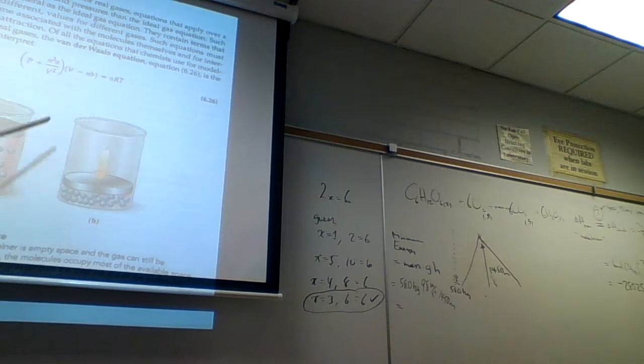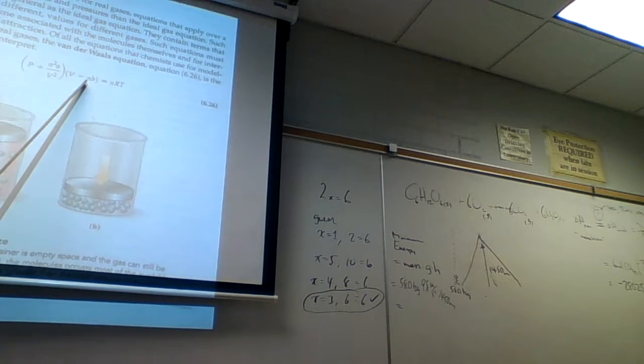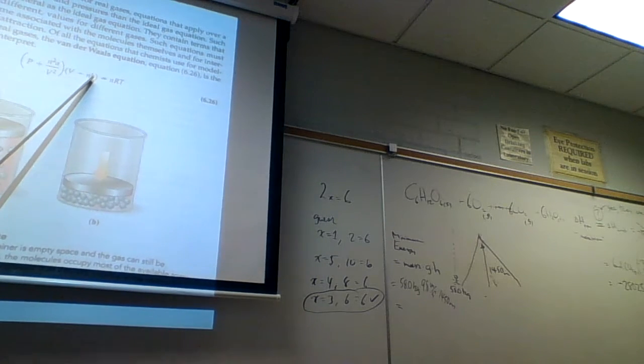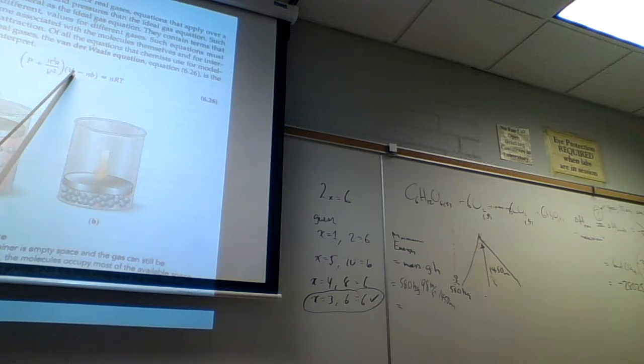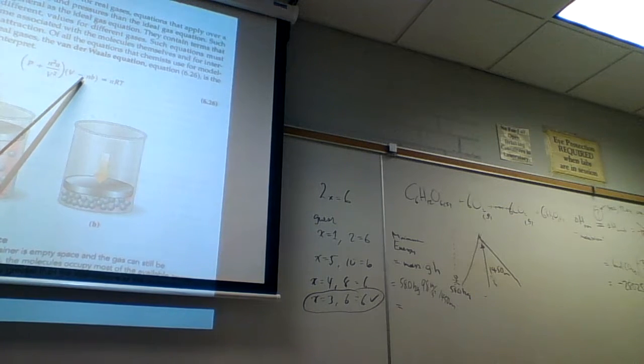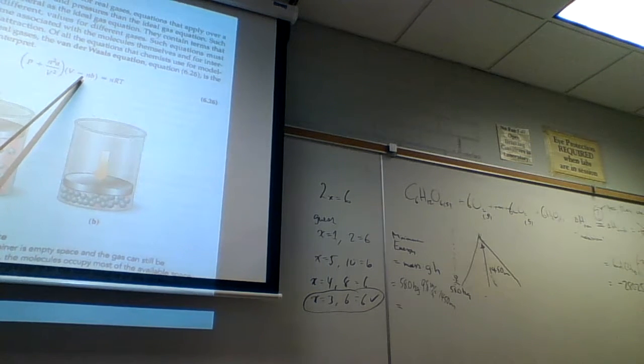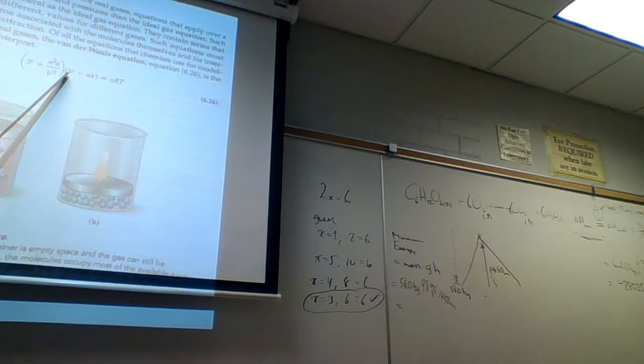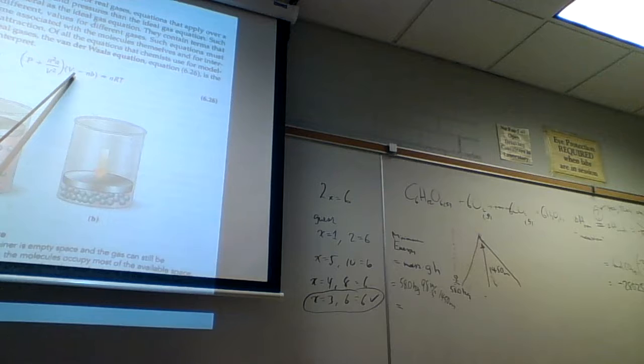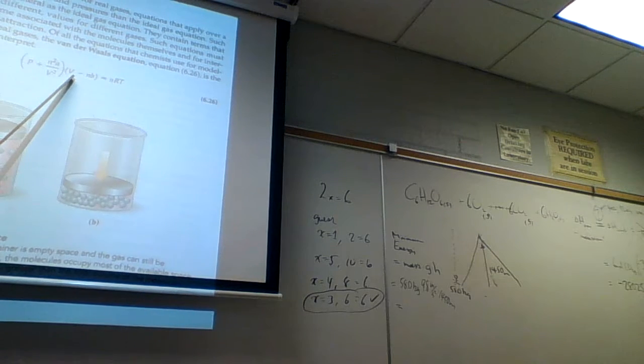And so the more molecules you have, and the bigger the molecule is, B, then the less empty space you have. And so that 1 liter is not really 1 liter. The 1 liter is going to be less than 1 liter. Does that make sense? Of free volume in which to move. And that's going to impact things here.